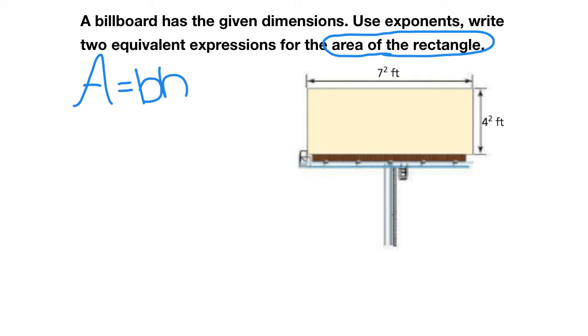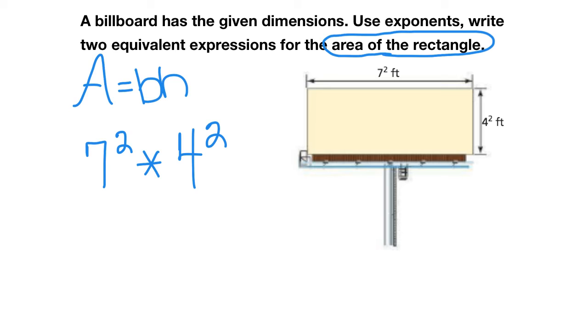In this problem, the base is 7 to the 2nd power feet. We're going to multiply this by the height. The height is 4 to the 2nd power feet. This represents the power of products property, where the bases are different, but the exponents are the same.